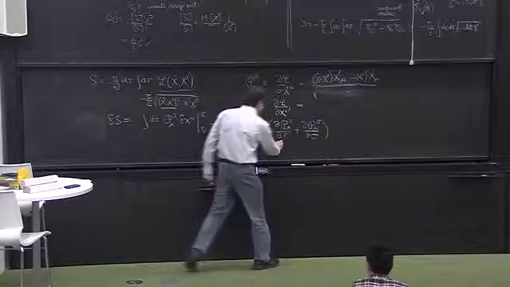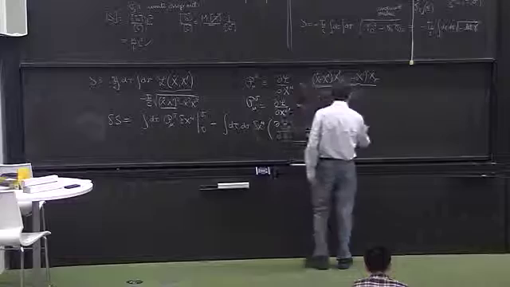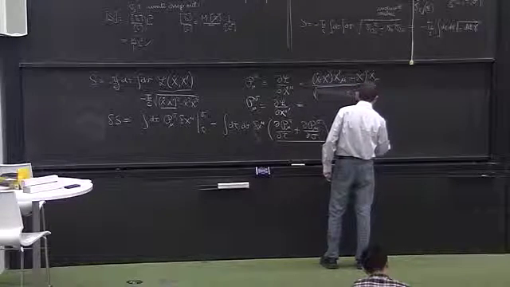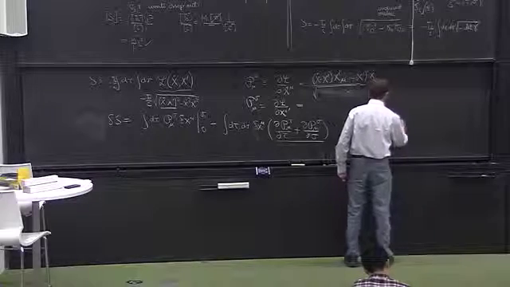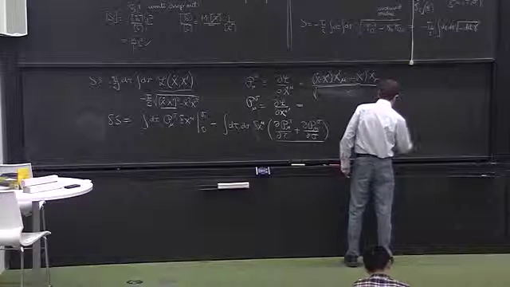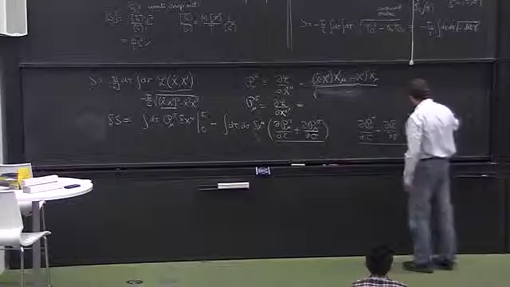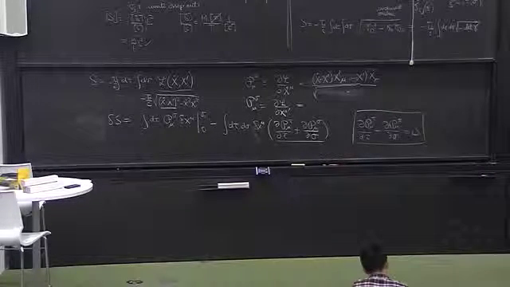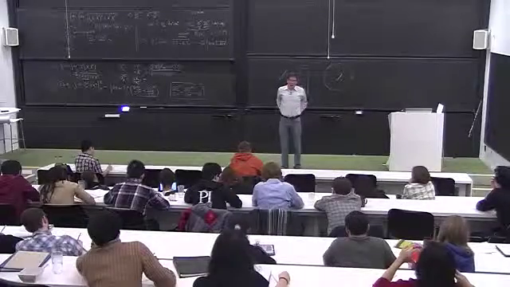And here is the equation of motion. The equation of motion is dp mu tau d tau plus dp mu sigma d sigma equals 0. How bad is that equation of motion? It's awful.